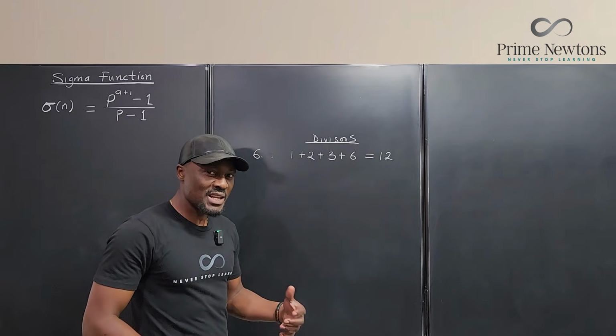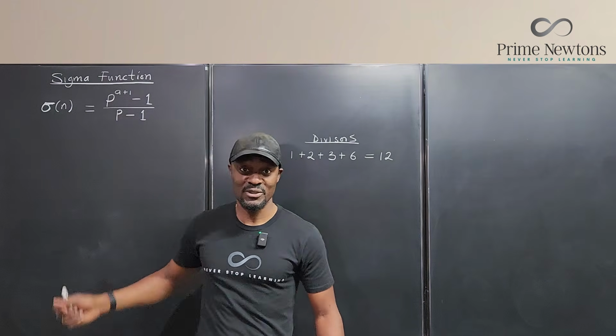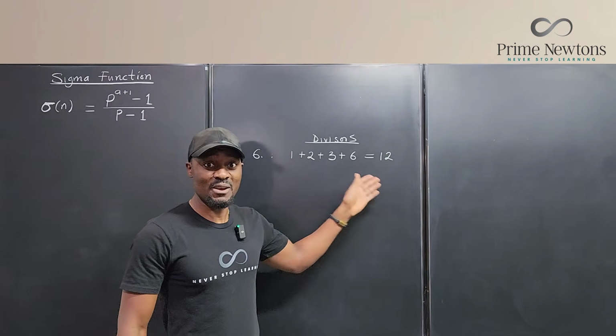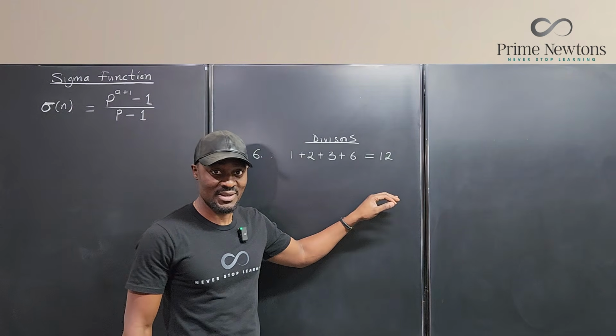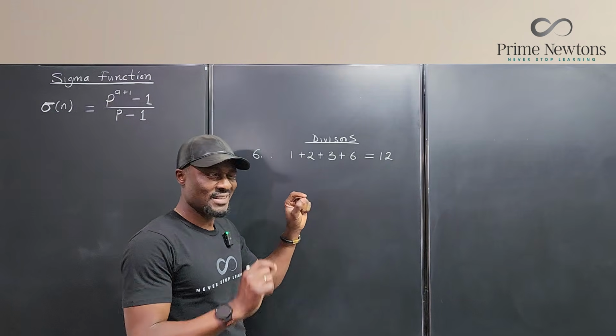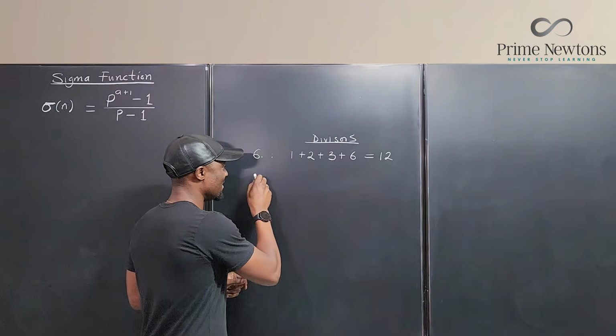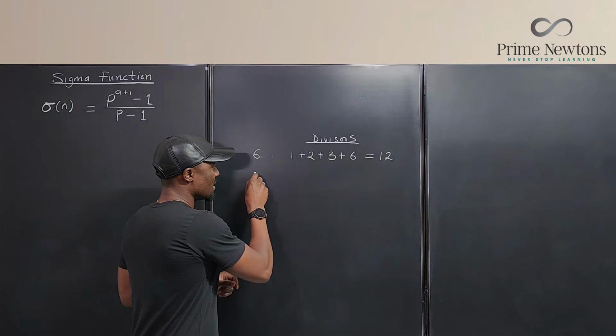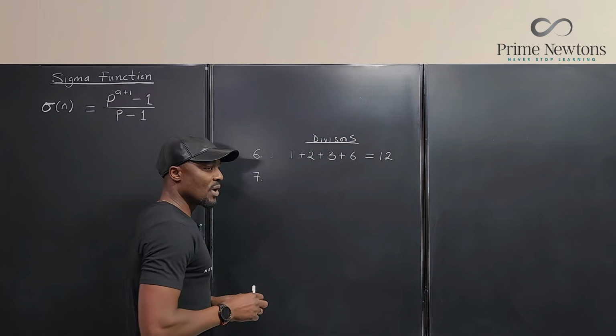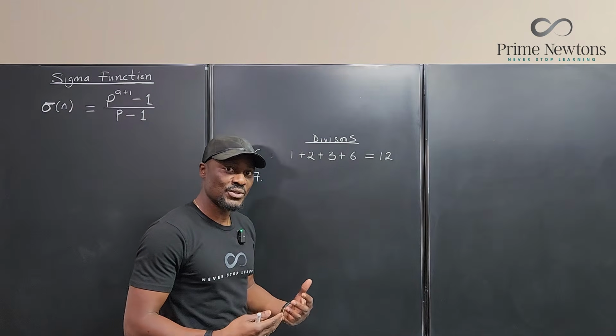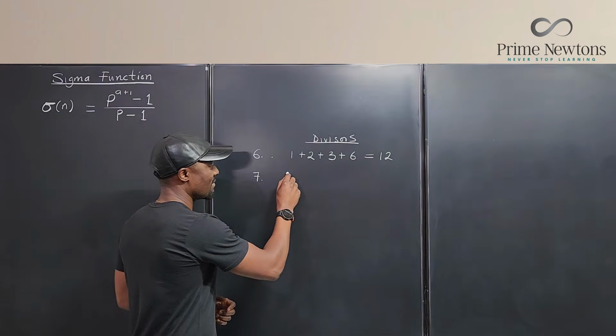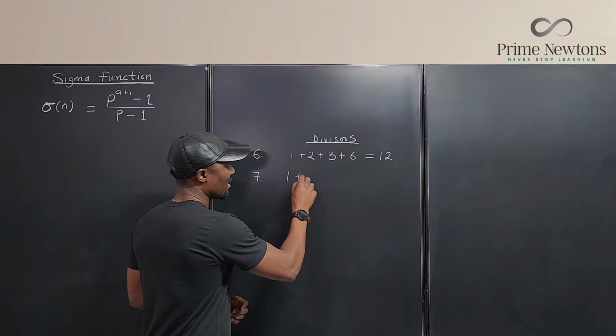So it is really possible, we don't need a formula to be able to find the sum of all the divisors. Okay, now let's take it higher a little. Let's do 7. What is the sum of all the divisors of 7? Well, we know that 7 is just 1 and 7.